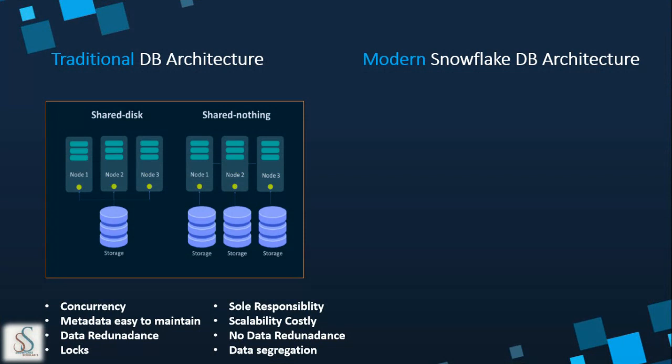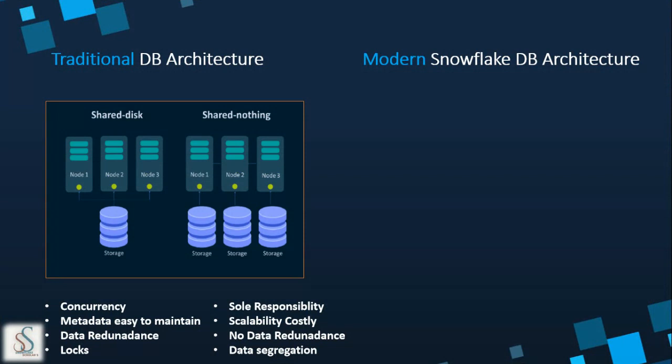And coming to shared disk, multiple servers are using the same database, the same storage. In this approach, metadata maintenance is easy because it has a single storage, right? And concurrency is possible here, correct. Multiple servers are able to access the same data simultaneously, so concurrency is achieved.